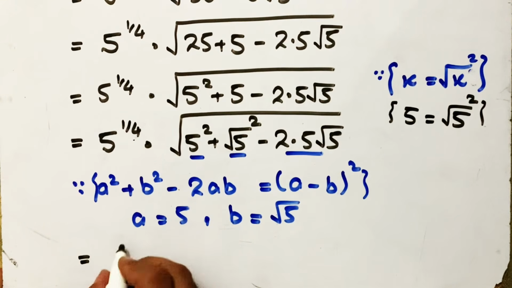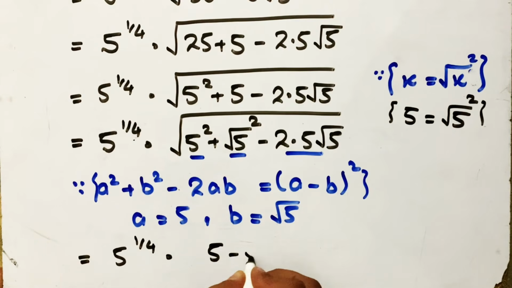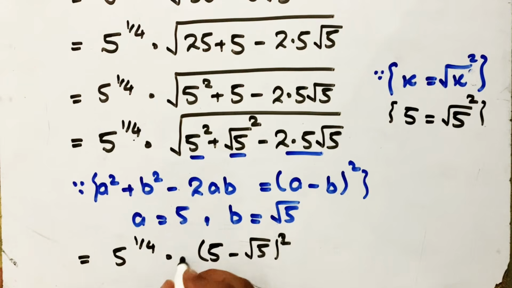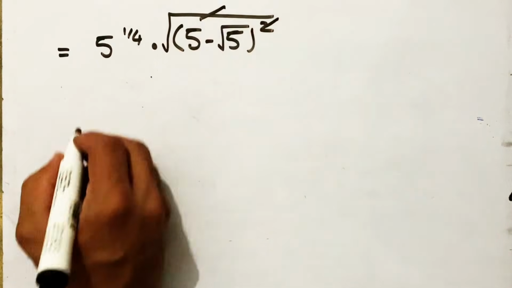So we have 5 to the power of 1 by 4 times the square root of 5 minus the square root of 5, whole squared, and the square and square root cancel.